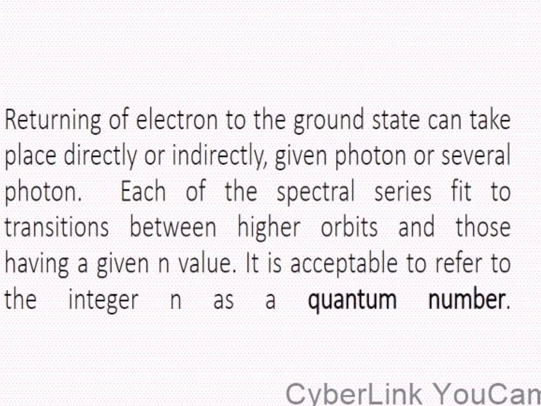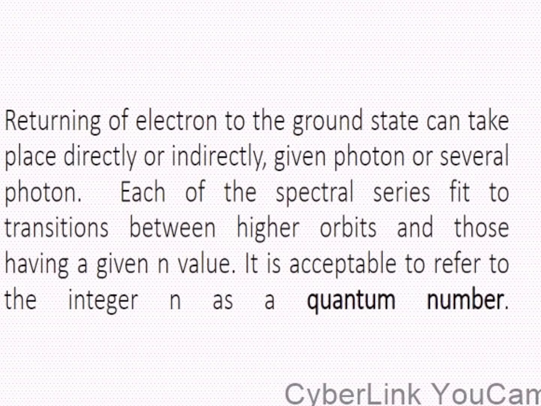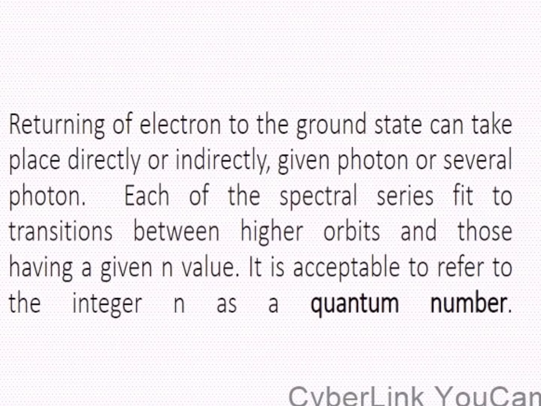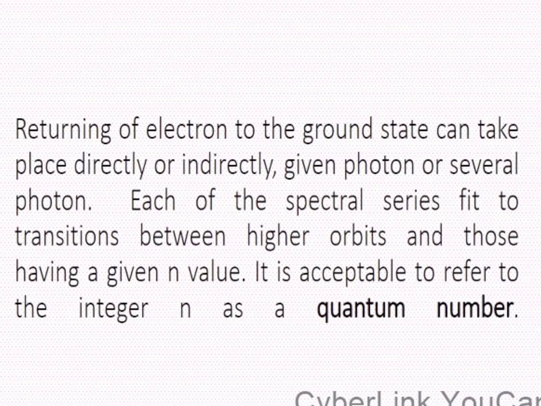Each of the spectral series corresponds to transitions between higher orbits and those having a given n value. It is acceptable to refer to the integer n as a quantum number.